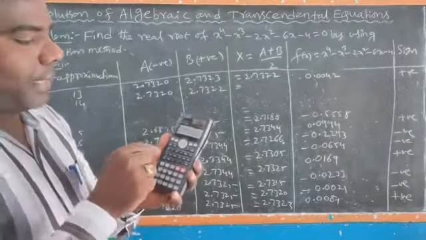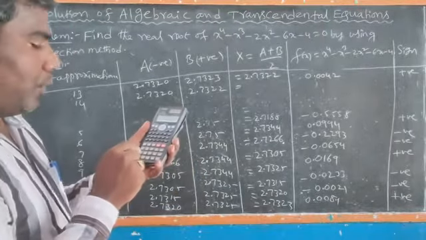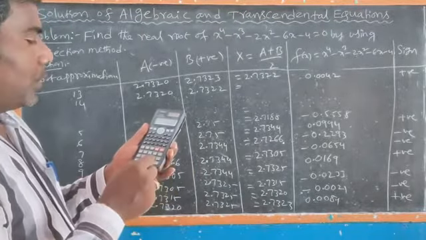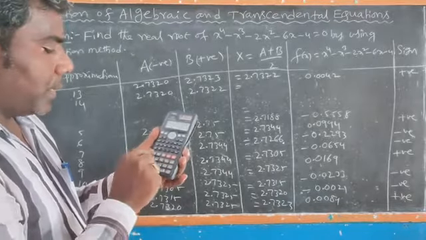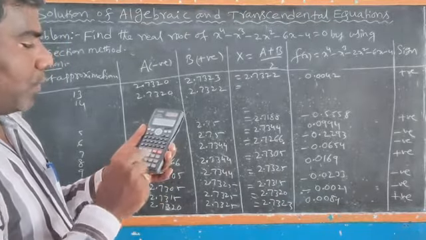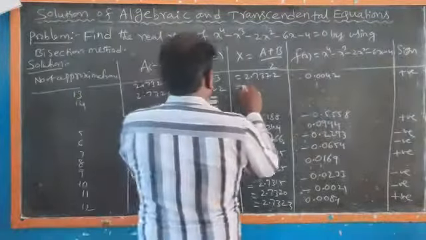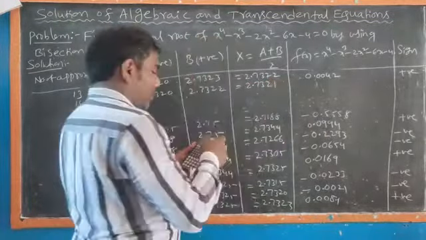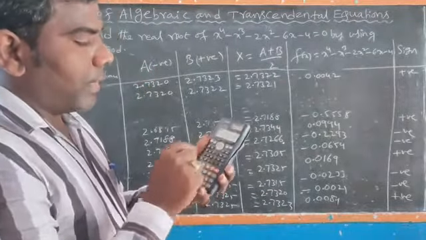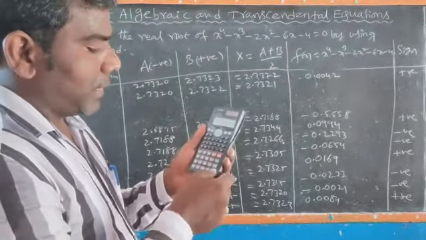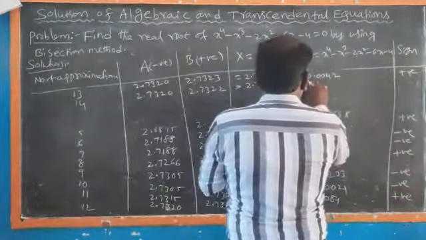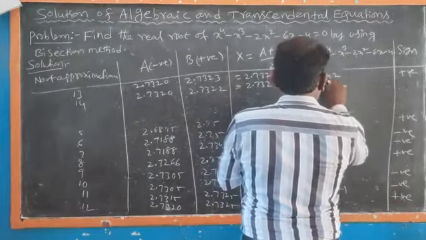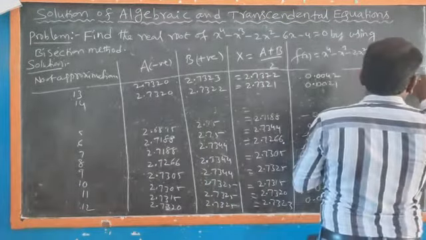Now go back, we get the formula in the calculator. So a value 2.7320, b value 2.7322. Then 2.7321. So substitute this x value in the given function, then 0.0021, this is a positive value.